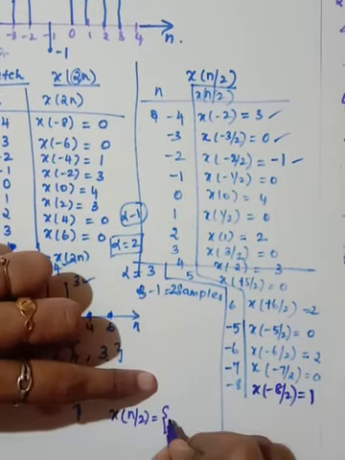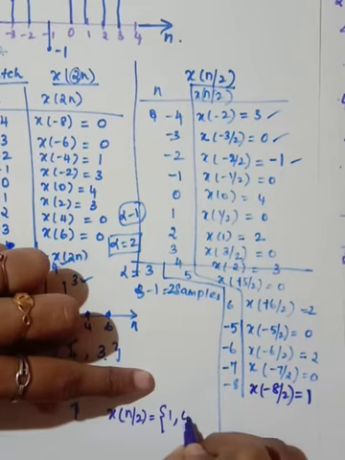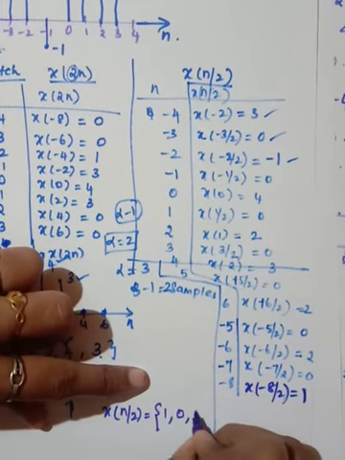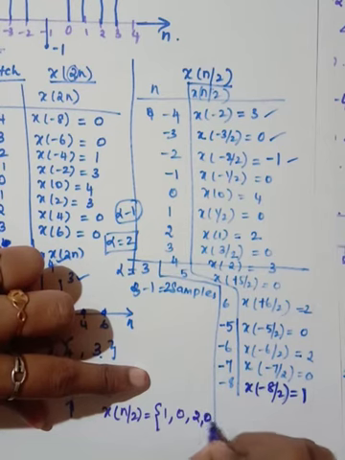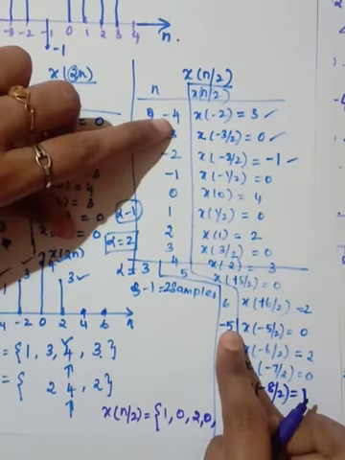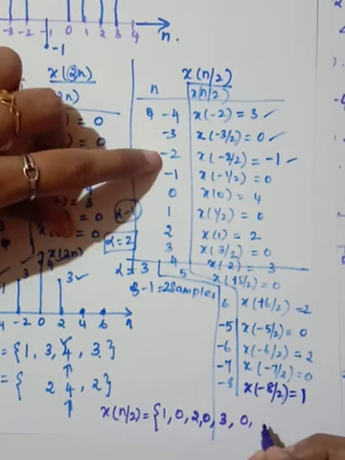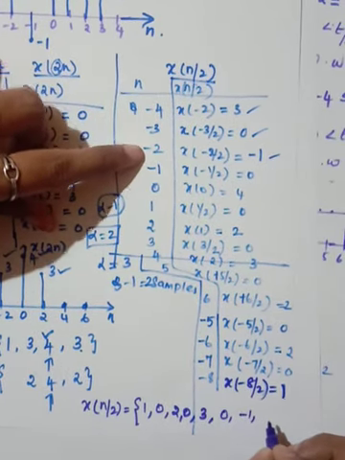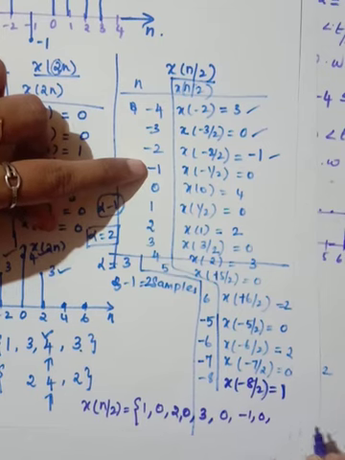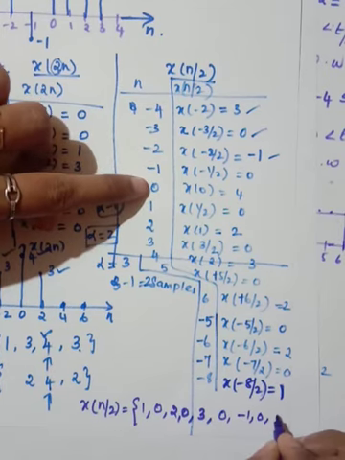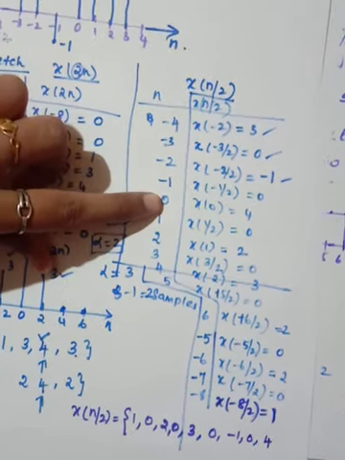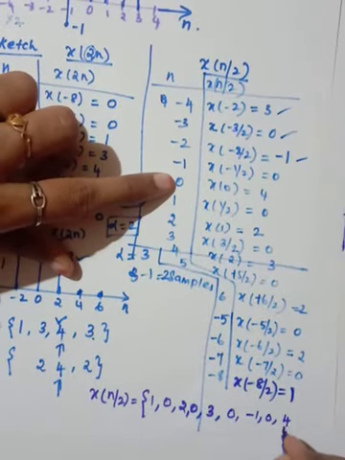Minus 8 it is 1, minus 7 it is 0, minus 6 it is 2, minus 5 it is 0, minus 4 it is 3, minus 3 it is 0, minus 2 it is minus 1, and minus 1 it is 0. Then at the origin I am having 4. This is the origin value.